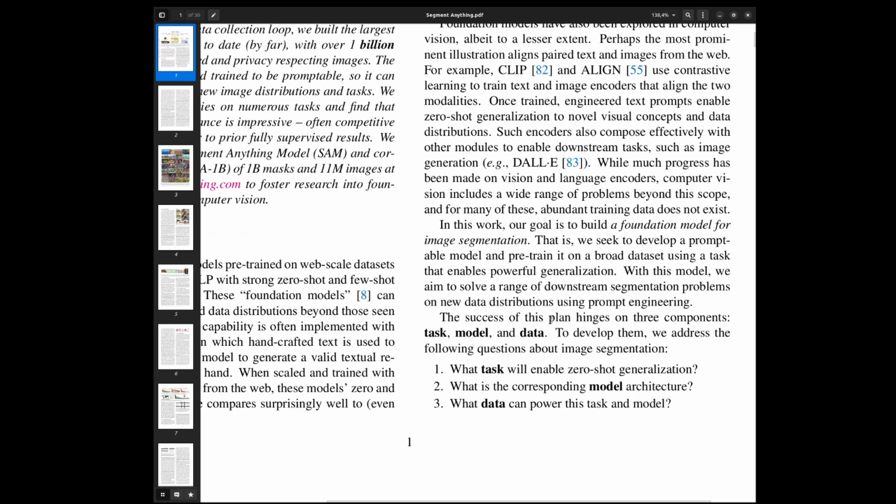The success of this plan hinges on three components: task, model, and data. To develop them, we address the following questions about image segmentation. What task will enable zero-shot generalization? What is the corresponding model architecture? What data can power the task and model?